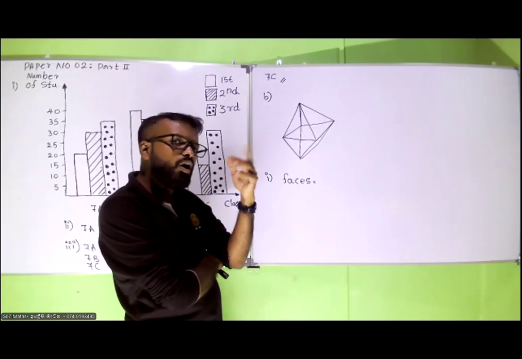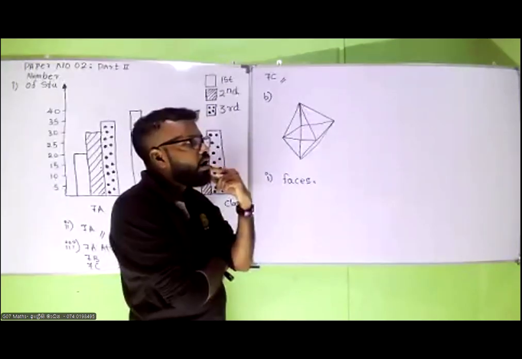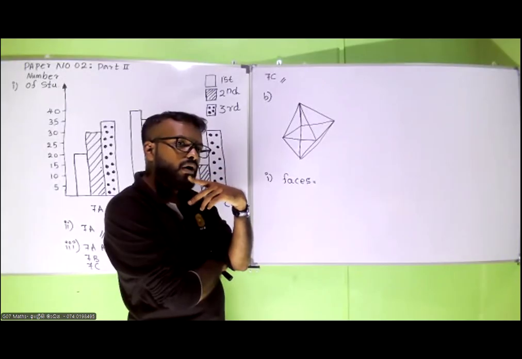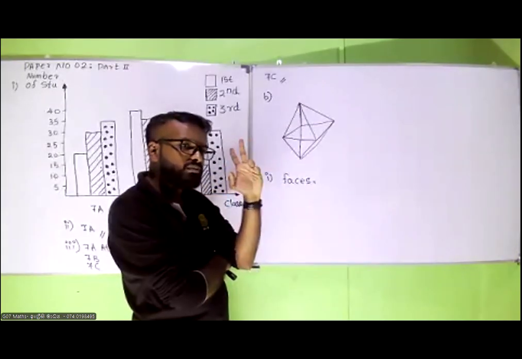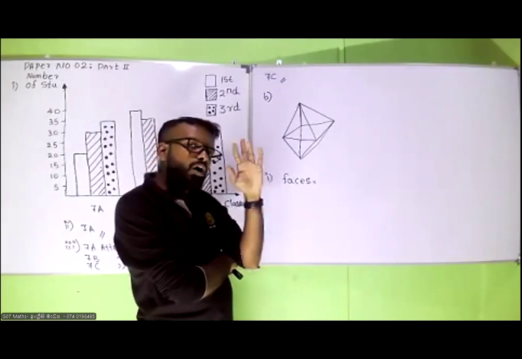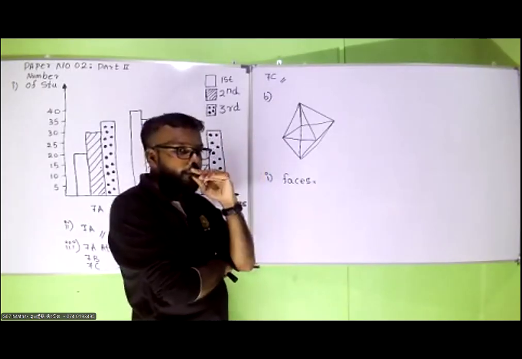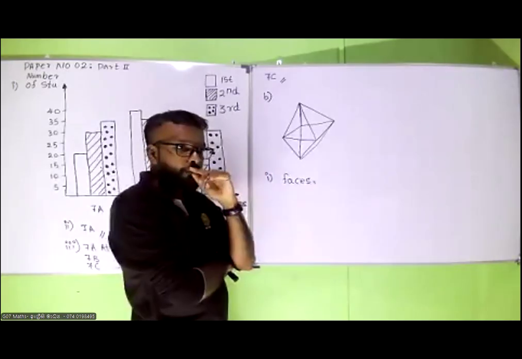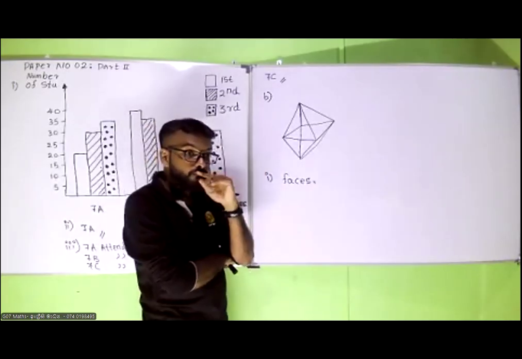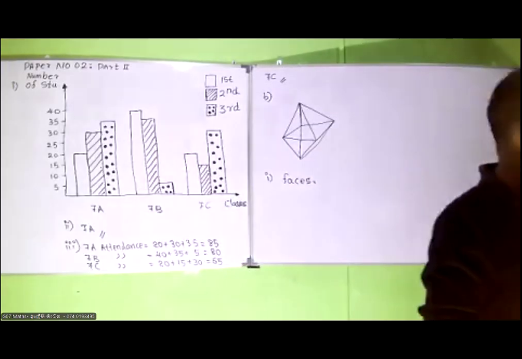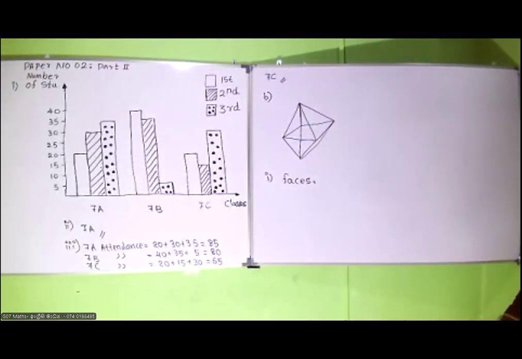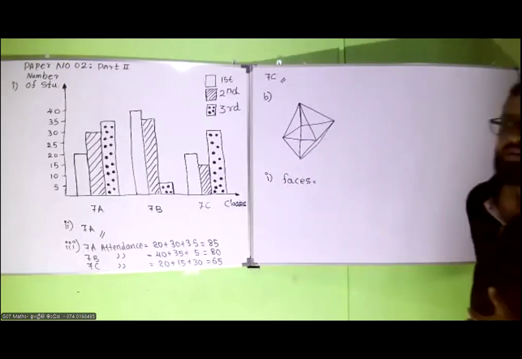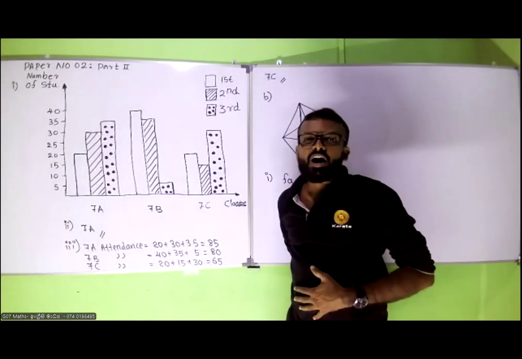For a square, how many sides are there? Can anyone tell me? For a square, how many sides are there? Six? Is the square six? How many?